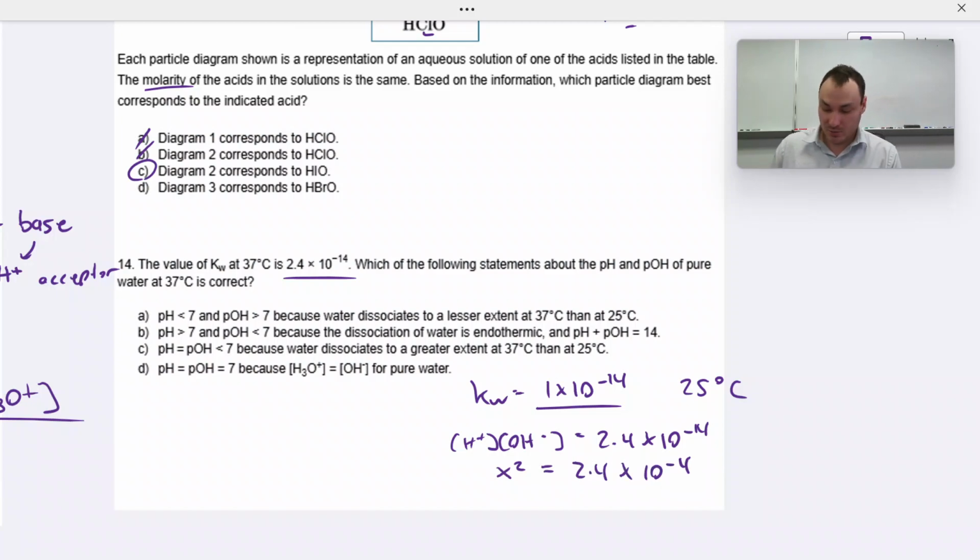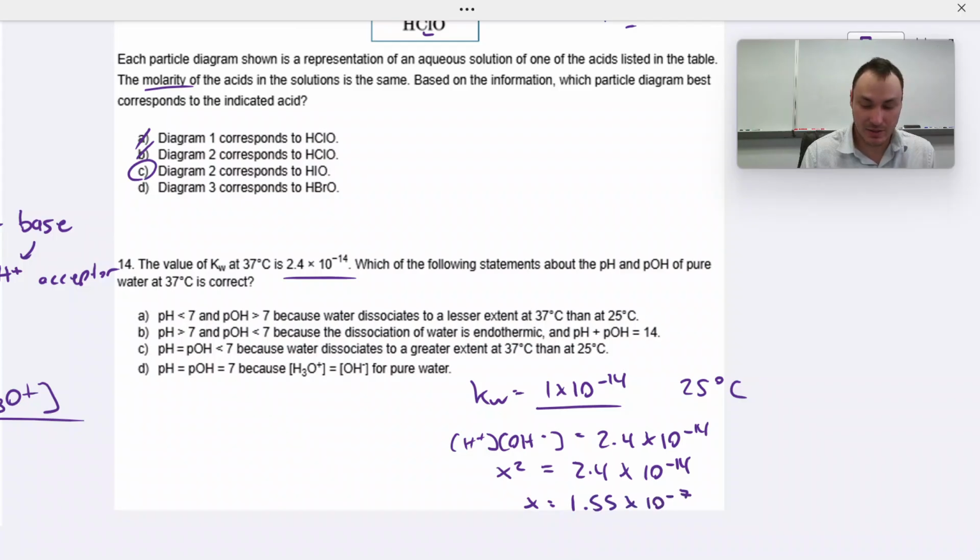To find x, we can take the square root of 2.4 times 10 to the negative 14th. And we get x is equal to 1.55 times 10 to the negative 7th. And if we take the negative log of that number, that negative log gives us both the pH and the pOH.